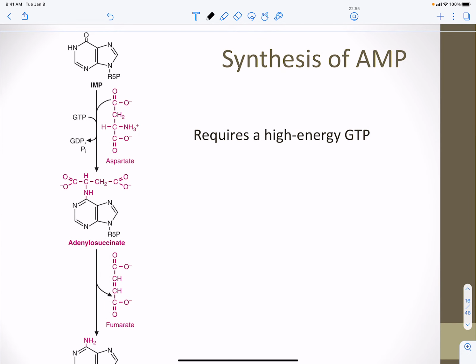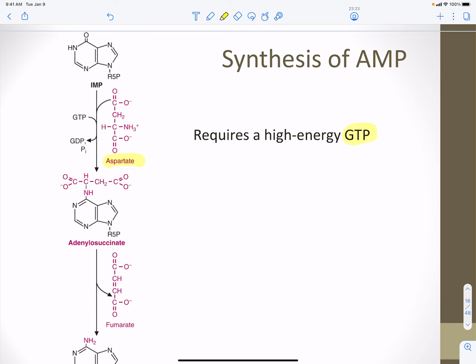Now IMP can become AMP, and what's important to understand between AMP and GMP is that you're going to have different energy sources. So to make AMP, you're going to use GTP. And this is going to take 2 steps. In the first step, you're going to add another aspartate molecule to IMP, and then this is going to form the adenylosuccinate.